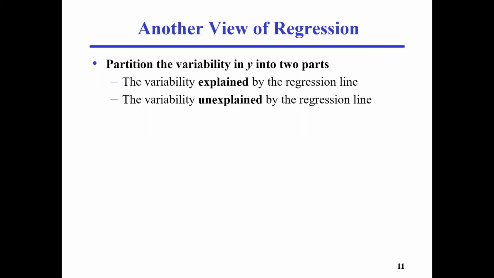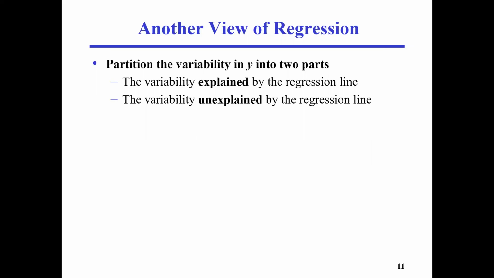The second part is the variability that cannot be explained by the regression line. Obviously, the first part is what we want, because we want to use that linear function to explain the variation of y using x.